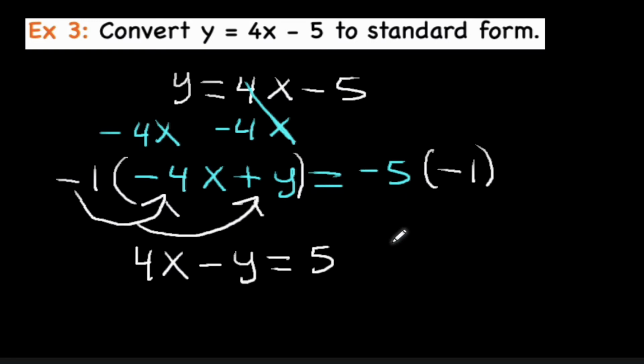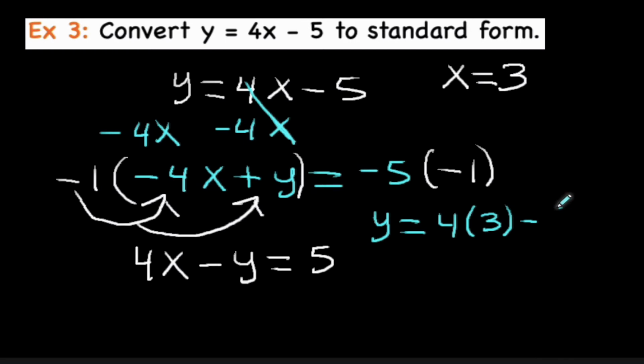And what is the point of the line when x is equal to 3? So we have y equals 4x minus 5. So we have y equals 4 times 3 minus 5. y equals 12 minus 5, which is equal to 7.